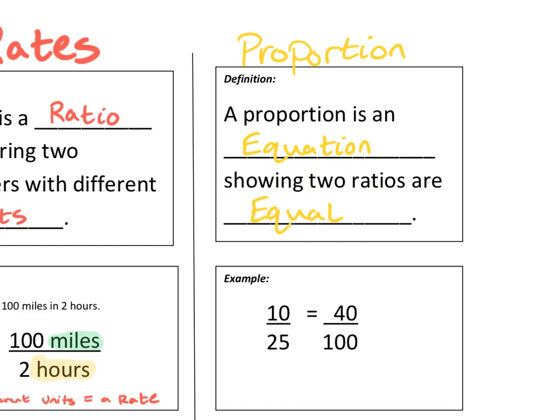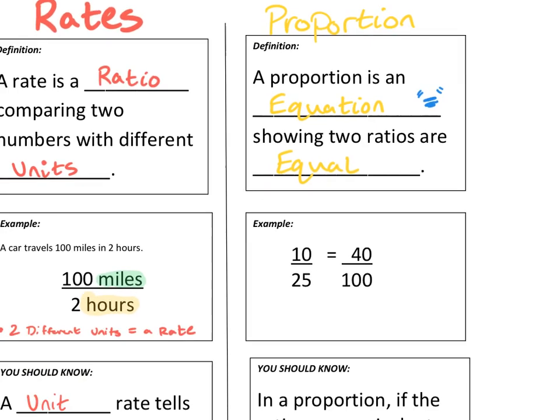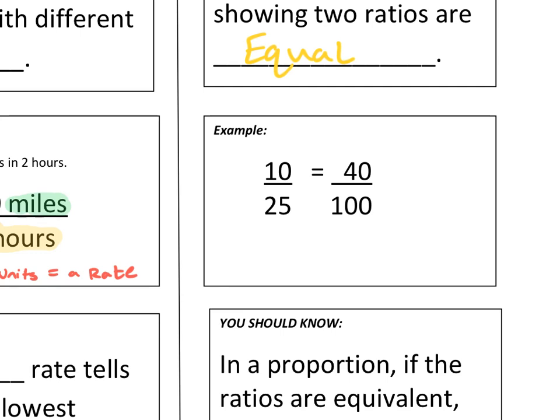If something is an equation, what does that mean is going to be present? An equal sign. So you're literally going to be setting two things equal. As you look down at this example, I've got 10 over 25 equals 40 over 100. Well, guess how you figure that out? You do what you call the cross product and see if they are equal.